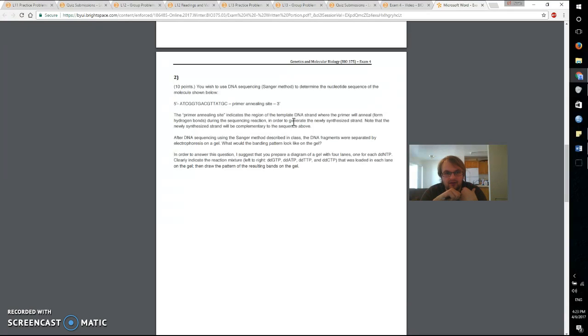During the sequencing reaction, in order to generate a newly synthesized strand, note this newly synthesized strand will be complementary to the sequence above. So complementary, it will be 3' dash that sequence, except all the A's will be T's, T's will be A's, C's will be G's, G's will be C's in this reaction.